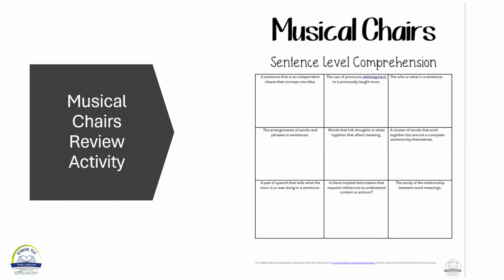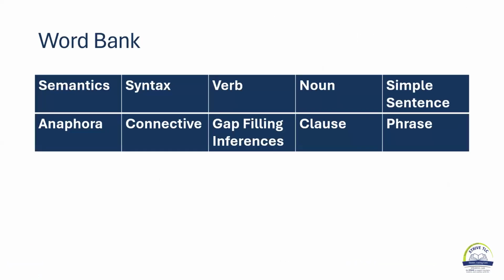And this musical chairs activity is a fun way to have students review notes and just review important information that has been shared. So our word bank was semantics, syntax, verb, noun, simple sentence, anaphora, connective, gap filling inferences, clause, and phrases.